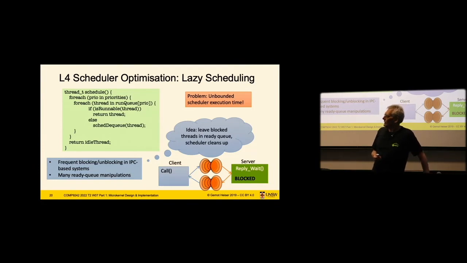Well, there's actually a simple fix for this. If you think about invariants on these queues, what is the invariant here that gets maintained and the one that doesn't get maintained?